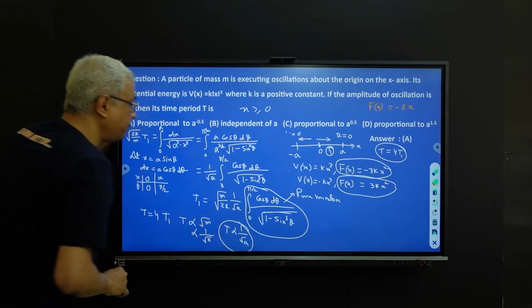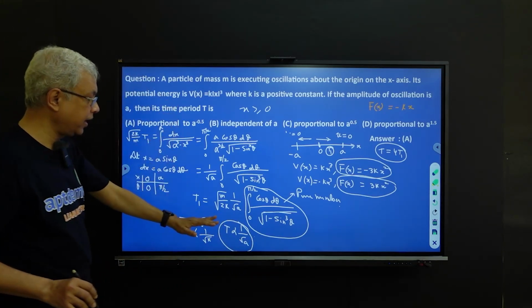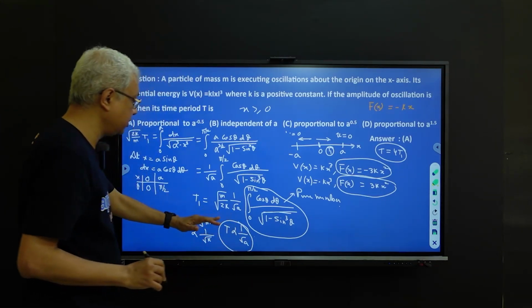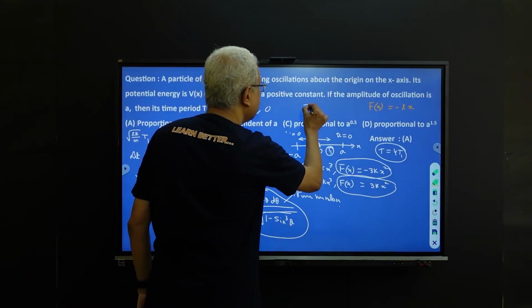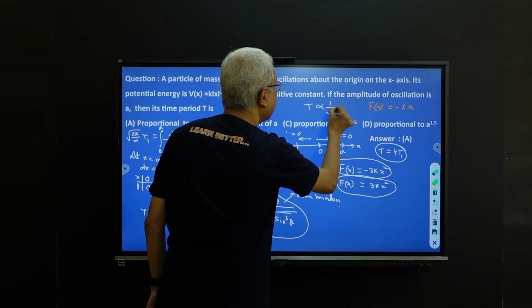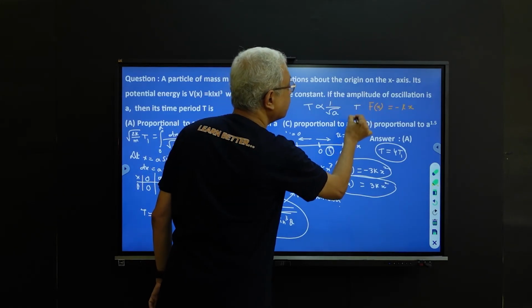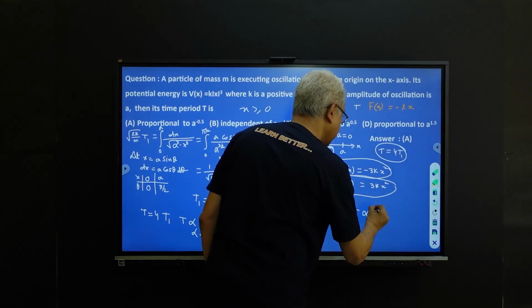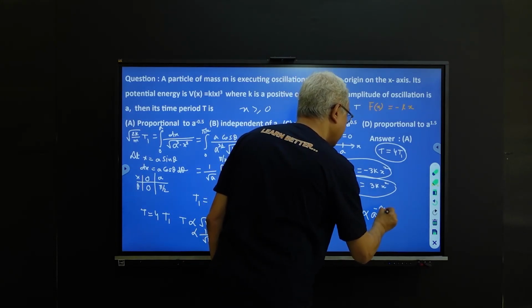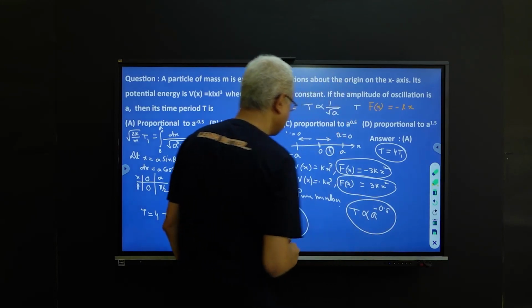So we have been asked to tell about the dependence of T on A. So T is proportional to A to the power minus 0.5. So this is the answer.